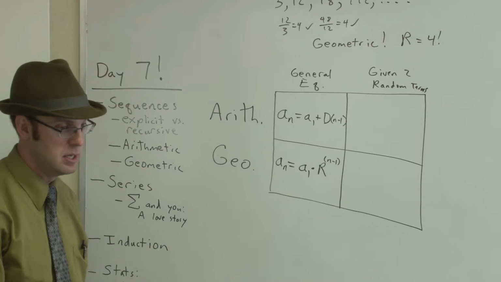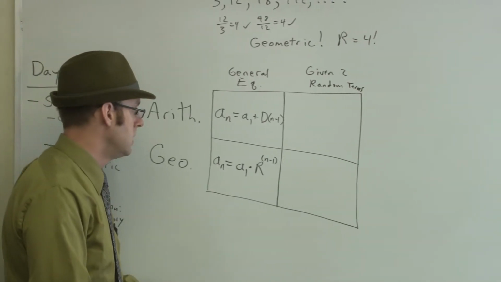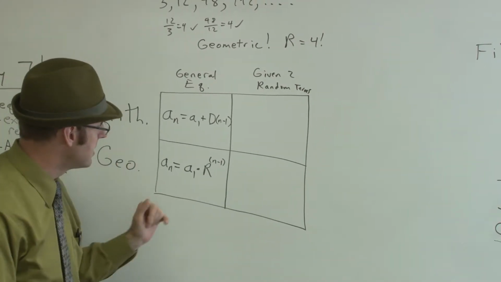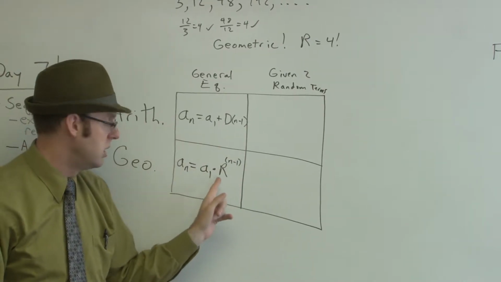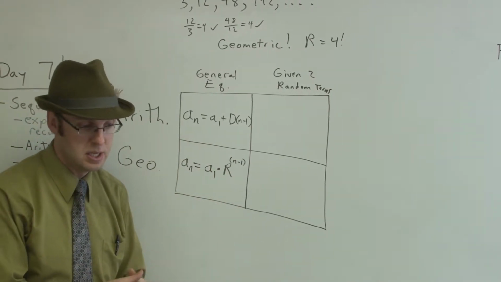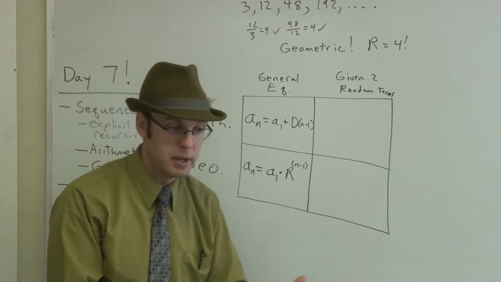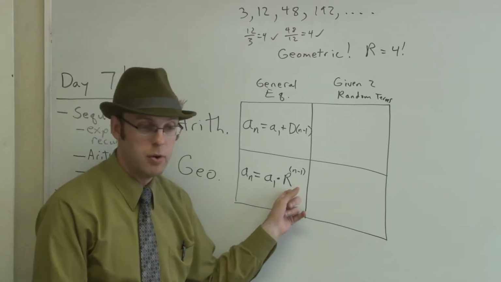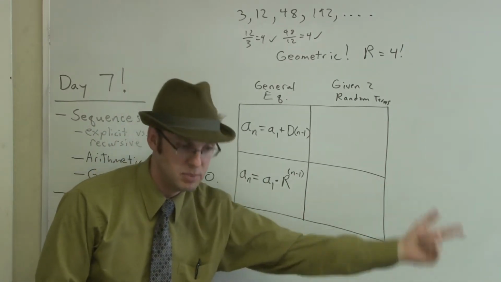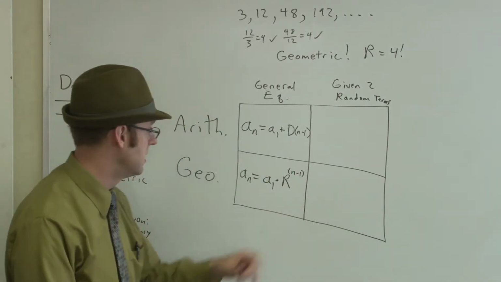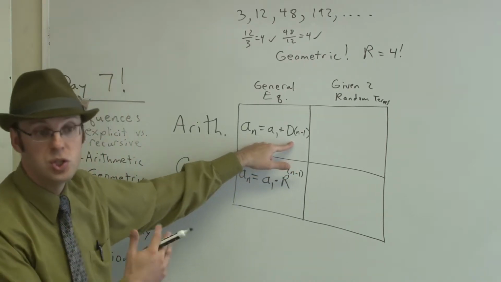Not 4 steps. I need to take 3. So for an arithmetic sequence, those steps are just multiplying. But for a geometric sequence, because we're multiplying by a common ratio, it's all about raising to powers. So I'm going 7 times 7 times 7, or 7 to the third, instead of 7 plus 7 plus 7, which is 3 times 7.